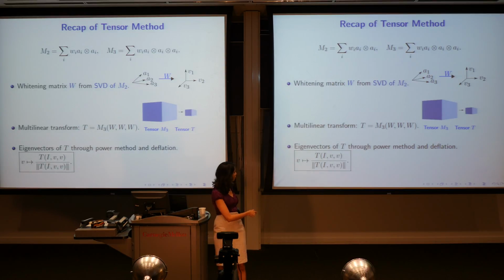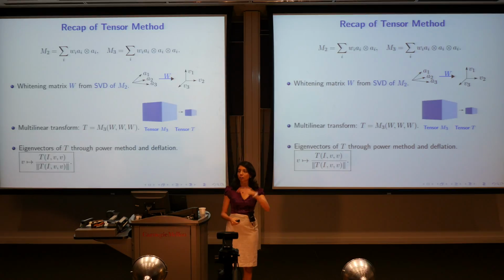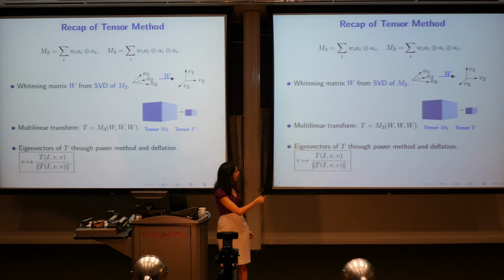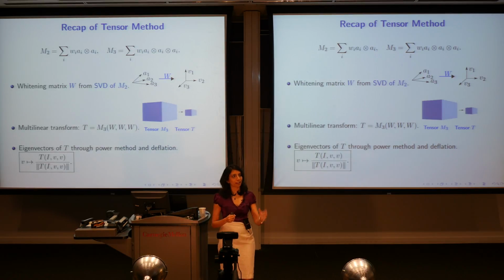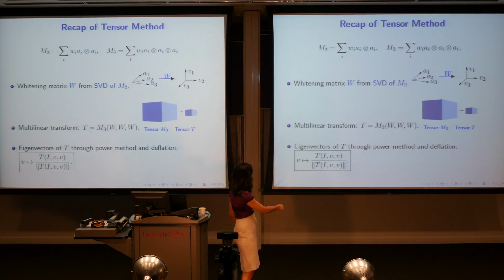And we also know that once we obtain the orthogonal decomposition, we can go back to this d-dimensional space, because this W is an invertible transformation, under the assumption that we have full column rank of these AIs. Right? So we'll only be analyzing this power method from here on.